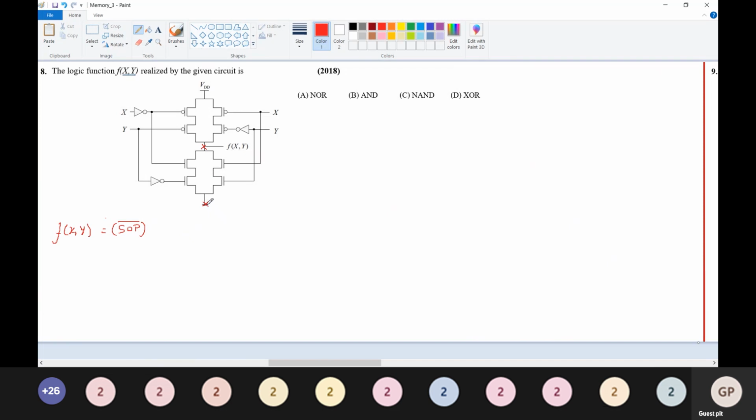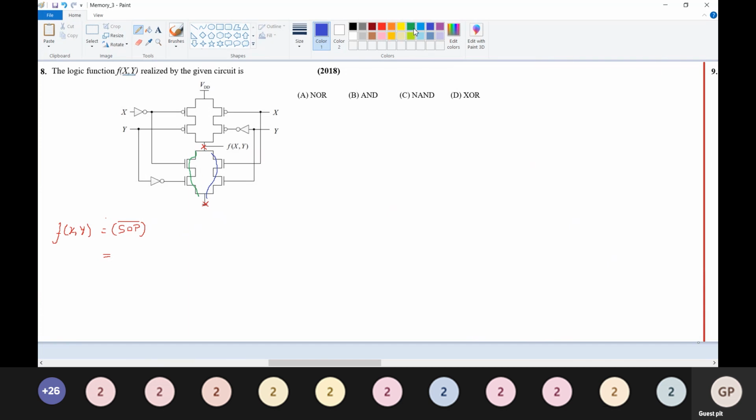We are going to write the expression for the NMOS circuit with respect to the output terminal to the ground. Here, you have two parallel branches. You have one parallel branch and this is your second parallel branch.